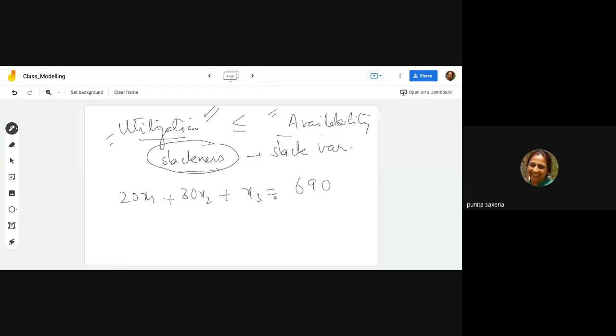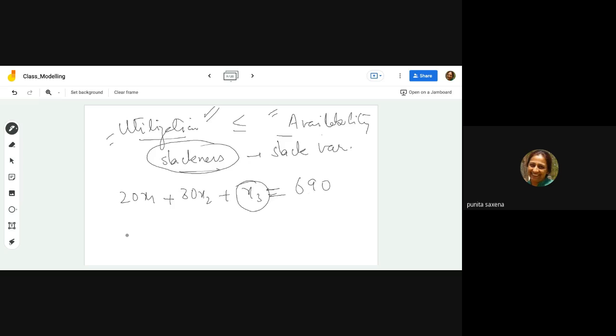Now, if in the subsequent process of solution x3 turns out to be 0, that means there was no slackness in this. But because I'm assuming that there could be some slackness, I have a chance that this variable could be non-zero. So whatever is the difference, or whatever was the slackness, that corresponds to x3, and my inequality can get changed to equality.